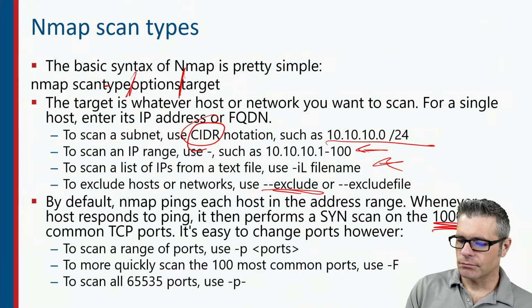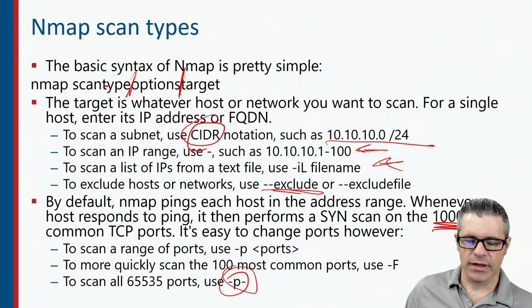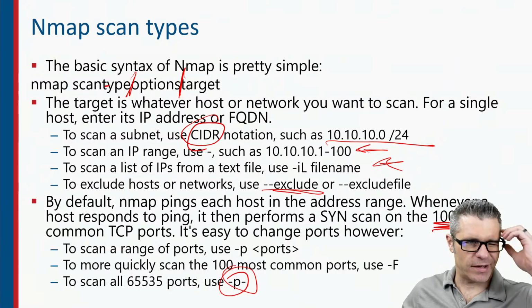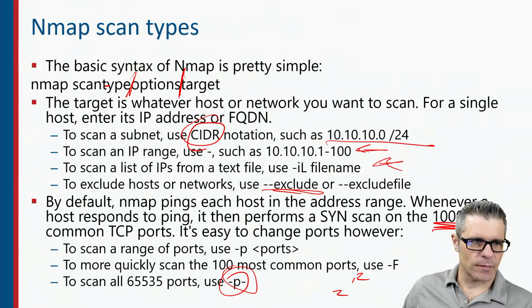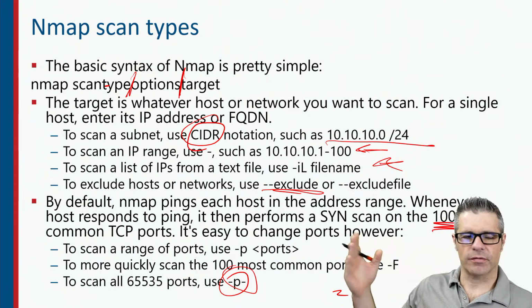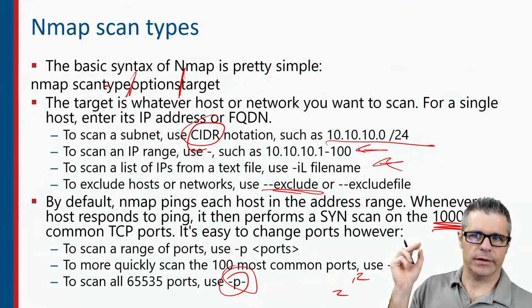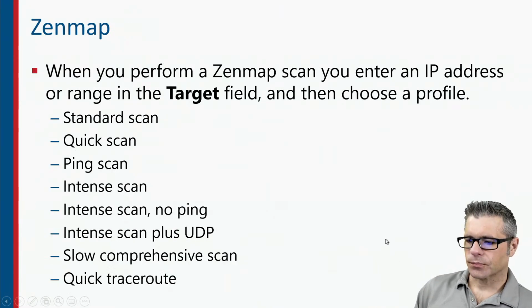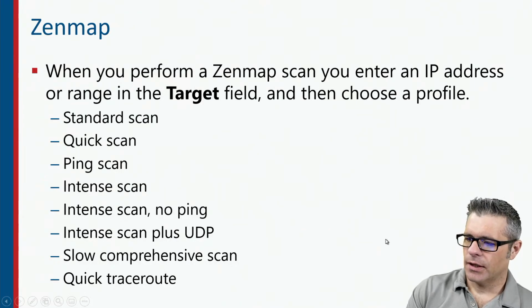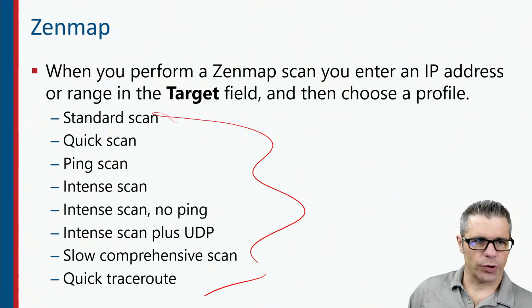You can tell it to just scan everything, all 65535, which is what you get when you take 2 and raise it to the 16th power, because there's 16 bits available for the port field in a TCP or UDP packet. You could scan them all. Zenmap's the same idea. It builds these profiles for us that we saw.